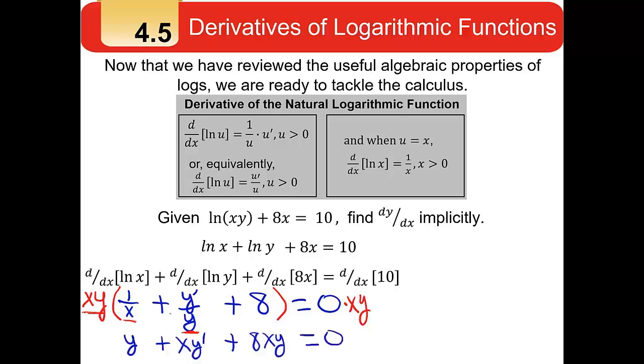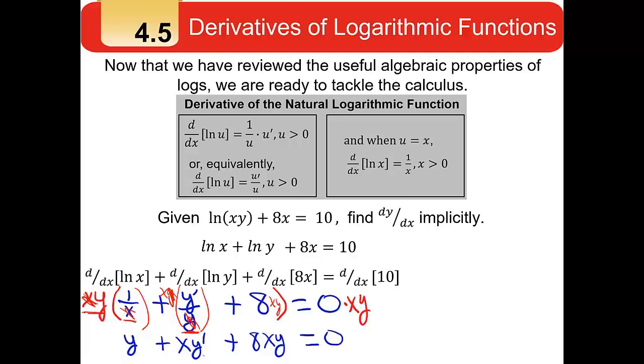So when all is said and done, you get y plus xy prime plus 8xy equals 0, because xy times 0 is 0. If you want to think of this as just multiplying everything by xy, in this case the x's cancel, in this case the y's cancel.